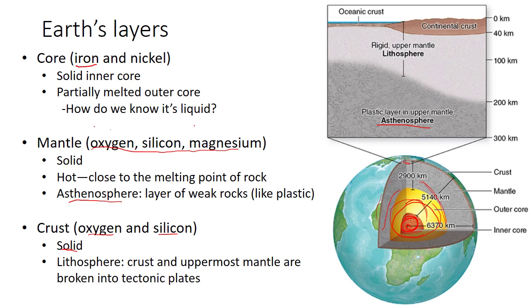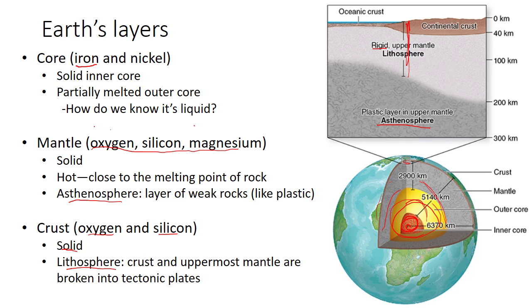And in the crust, we have the lithosphere. Now the lithosphere, on this diagram up here, you can actually see, it's composed of both the crust and the top part of the mantle. The defining feature here is that this is the rigid place. So this is all very solid.